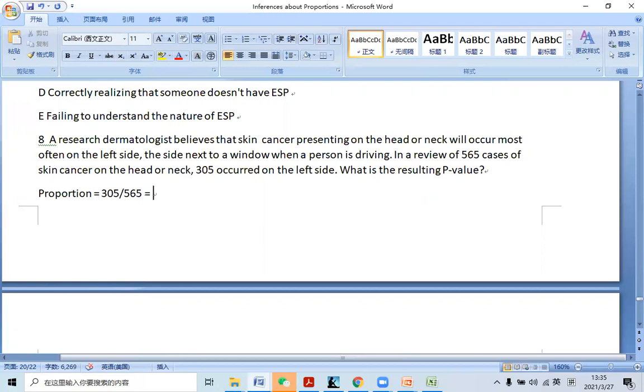Let's get this proportion. 305 divided by 565, 54%, 0.54.